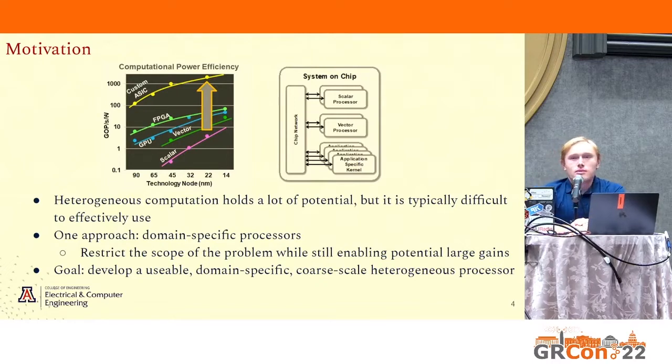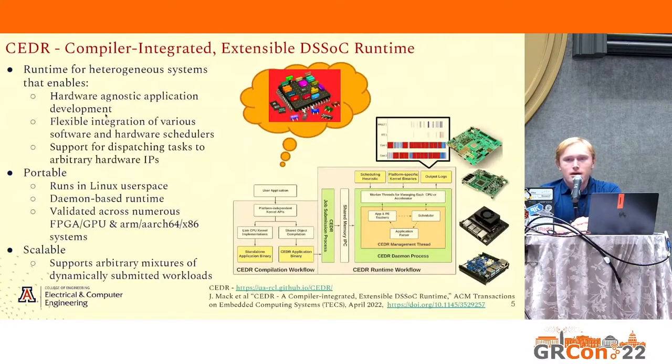And so what we're looking to do as a part of this program is to build a fairly usable domain-specific core-scale heterogeneous processor. And as a part of that, we focus on the runtime side of things.